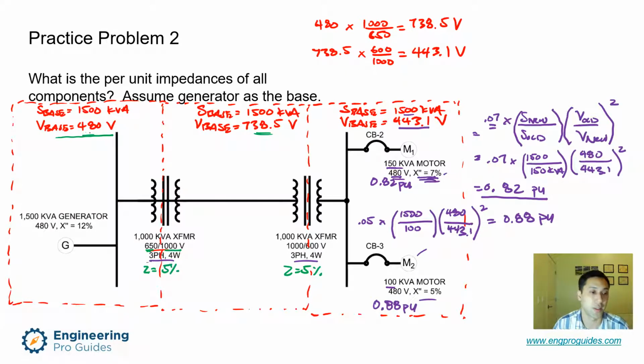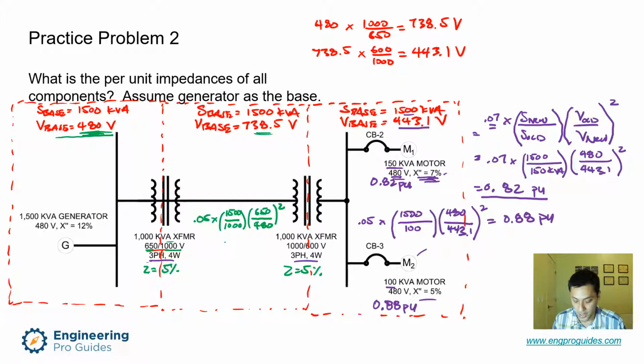So I'm going to stick with the 480, and I'm going to convert this 1000 kVA transformer with Z equal to 5%. So we're going to go 0.05 times my new power value, which is 1500, over my old power value, which is 1000, and then I'm going to use the primary side as my old voltage, which should be on the top, so 650, and then my new base voltage here is 480, and that's going to be quantity squared.